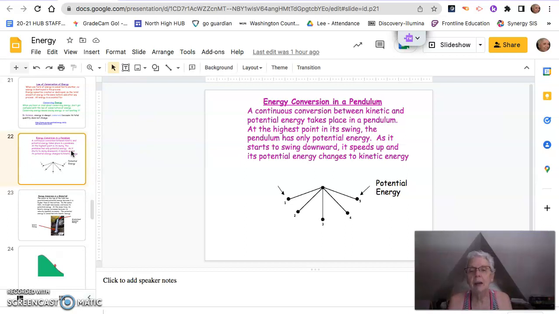So when you think about a pendulum, this is a continuous conversion between kinetic and potential. So as we're looking at this, when it gets to its highest point, it's potential energy, and when it gets to its lowest point, it has used the kinetic energy to arrive there.